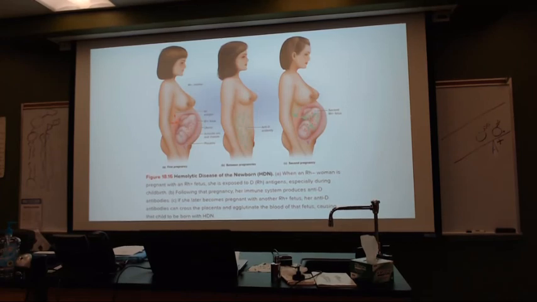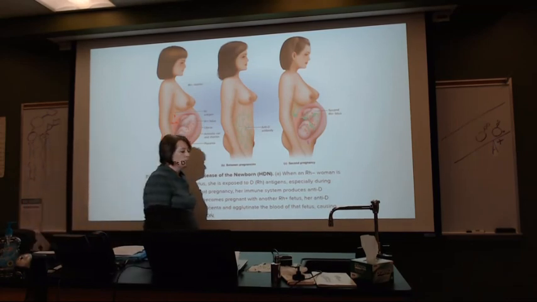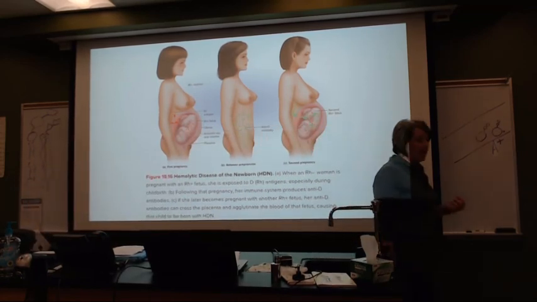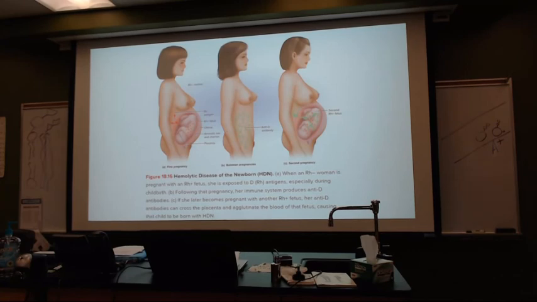Okay, so mom, like I said, first pregnancy, not negative, but baby's positive. She'll develop the antibody. Second and any other births will begin to attack the red blood cells. However, we have now corrected that problem with the RhoGAM. But this can happen, all right?